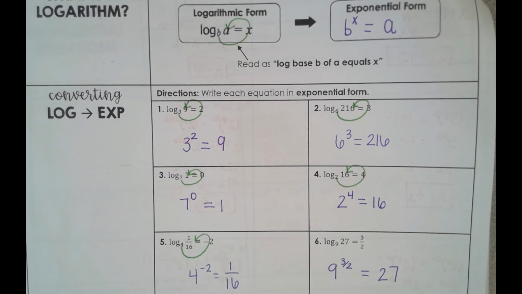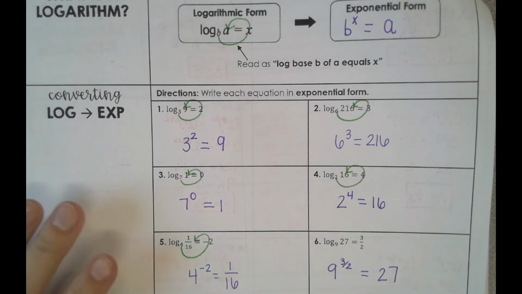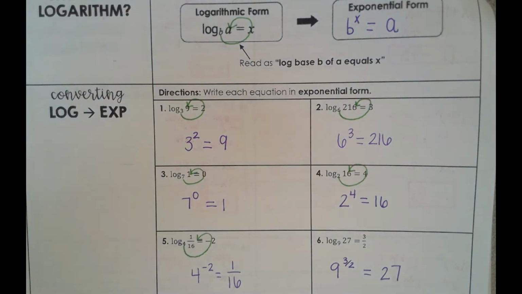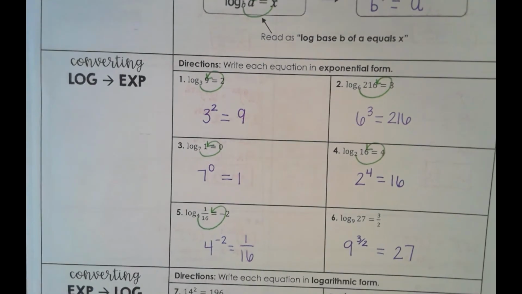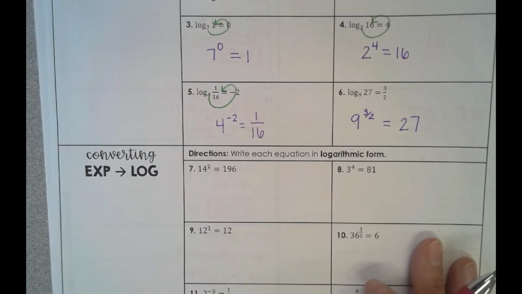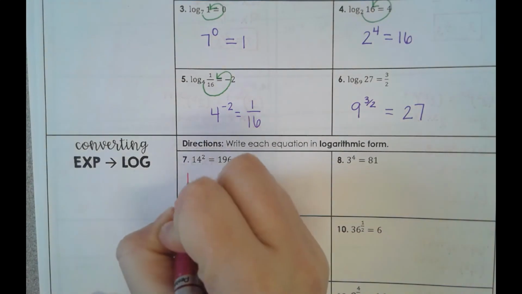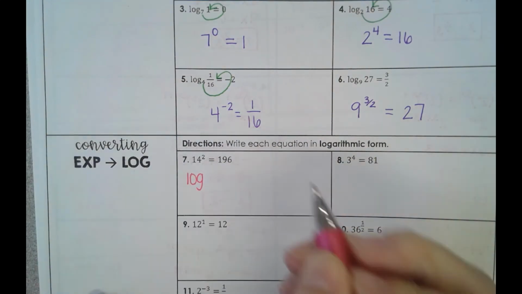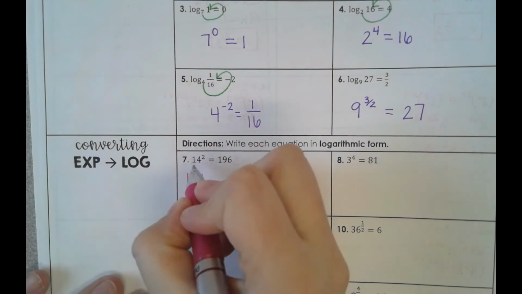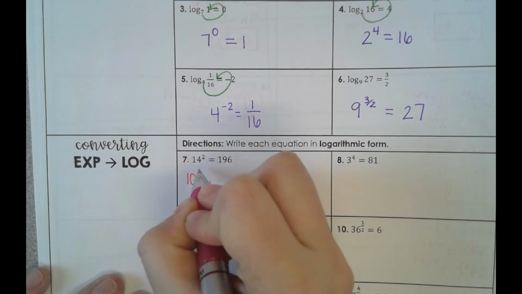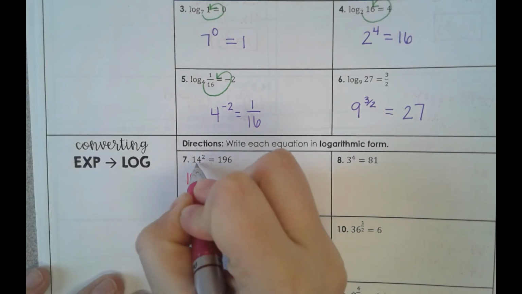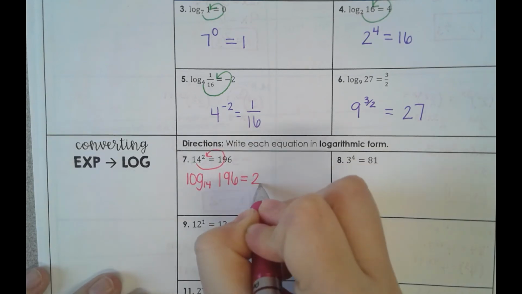Now we can also go from exponential to log form. And so you follow the same backwards loop. So it would be log. So you always start with log, and then the first number is 14. So log base 14 of 196 equals 2.